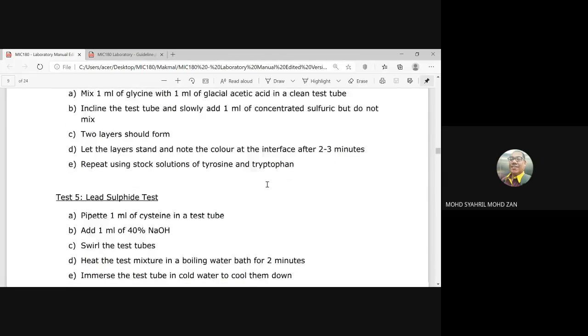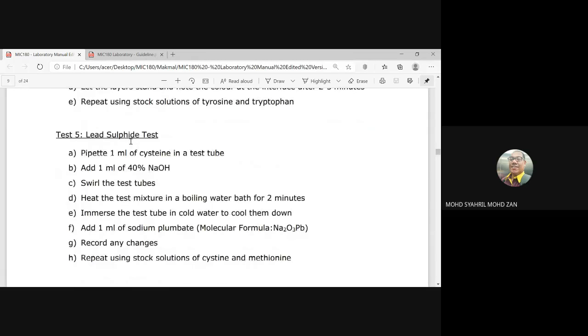Okay. Test 5, lead sulfide test. Pipette 1 ml of cysteine in the test tube. Add 1 ml of 40% NaOH. Swirl the test tube. Heat the test mixture in the boiling water bath for 2 minutes. Immerse the test tube in cool water to cool it down. And then how do you capture the sulfide ion?